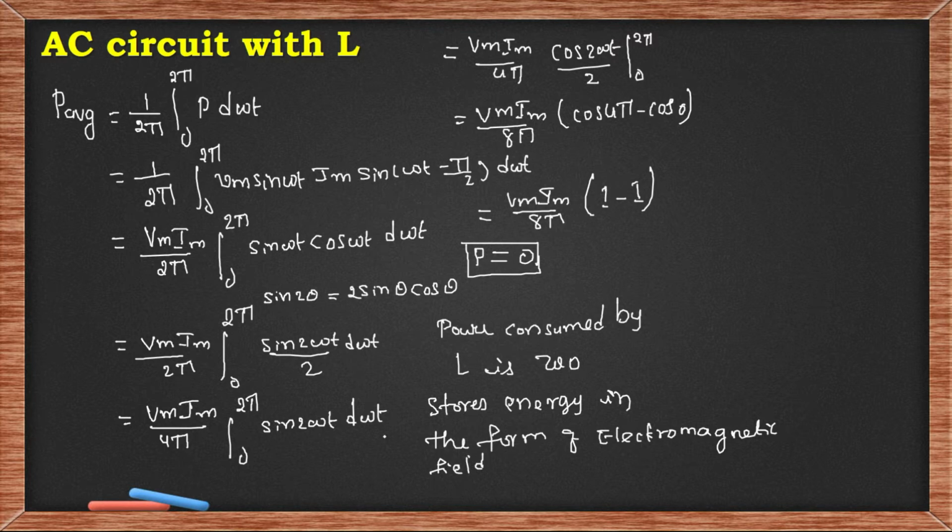This stored energy can be calculated using the formula E equals 1 by 2 L i squared, and it is in joules. This is all about the average power consumed by a pure inductor.